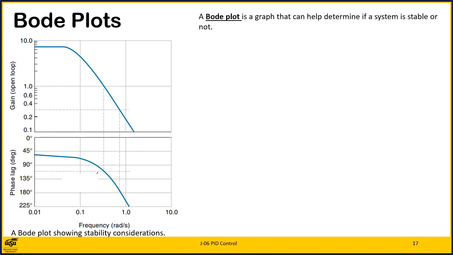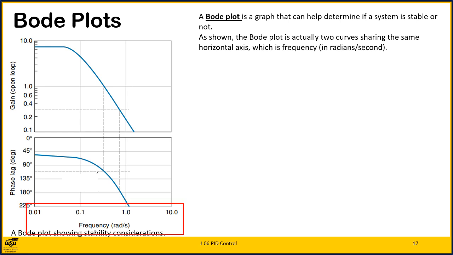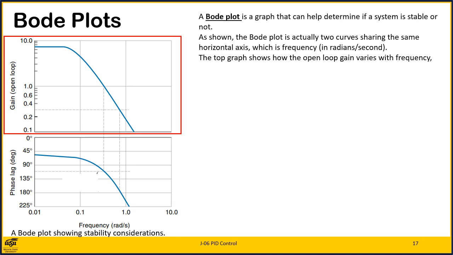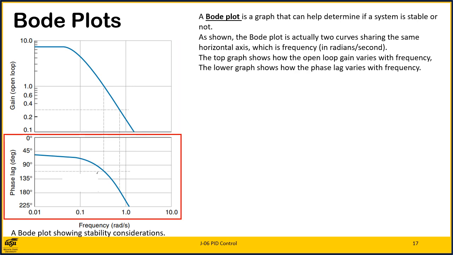A Bode plot is a graph that can determine if a system is stable or not. As shown, the Bode plot is actually 2 curves sharing the same horizontal axis, which is frequency in radians per second. The top graph shows how the open loop gain varies with frequency, and the lower graph shows how the phase lag varies with frequency.